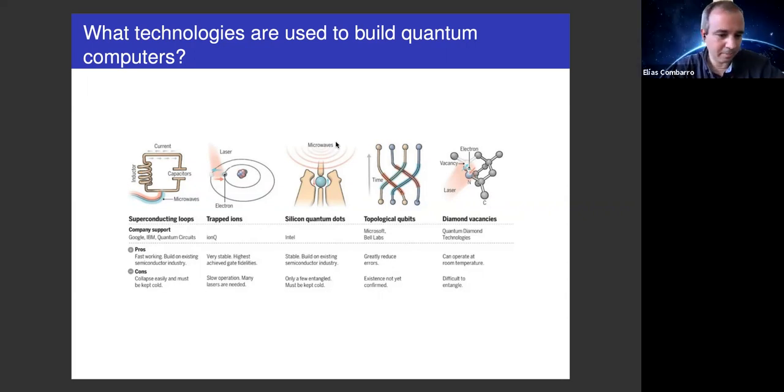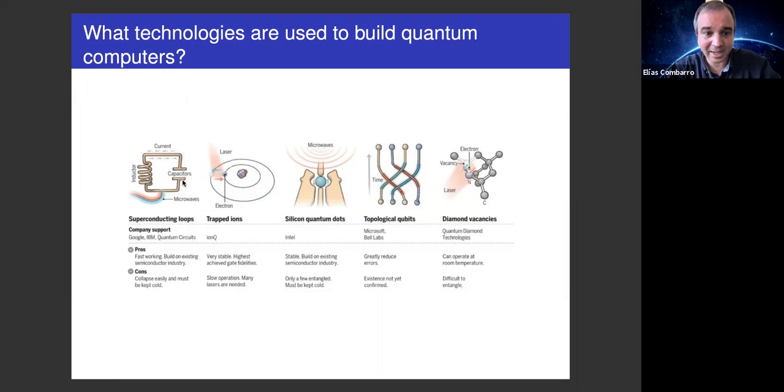Well, I must say that I'm not a specialist in the physical implementation of quantum computers. My expertise is mainly on quantum algorithms, but I can at least mention that, for instance, superconducting qubits have the problem of needing very low temperatures and needing to be isolated from the environment in order to preserve coherence and quantum properties.